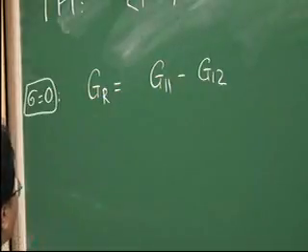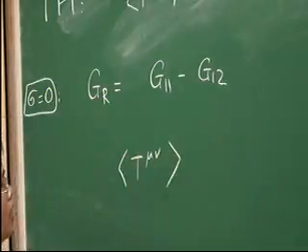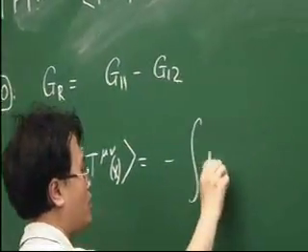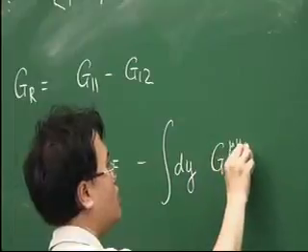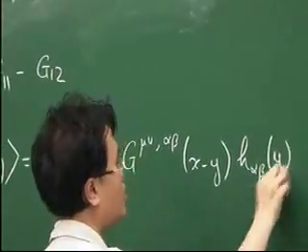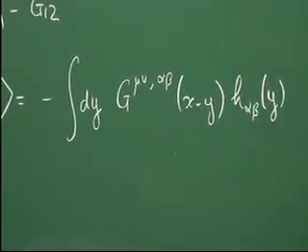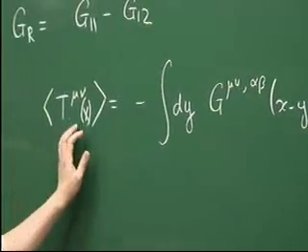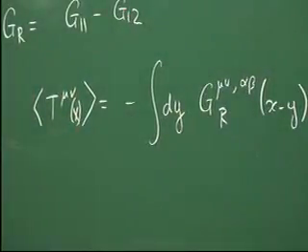The retarded Green function, as we explained in the previous lecture, is the one that appears in the linear response formula. If we introduce into the system a small perturbation, in this case a gravitational perturbation, by exploding a supernova somewhere or doing something else, then by measuring the expectation value of the stress energy tensor at point x, we can extract the retarded Green function as a function of x minus y.